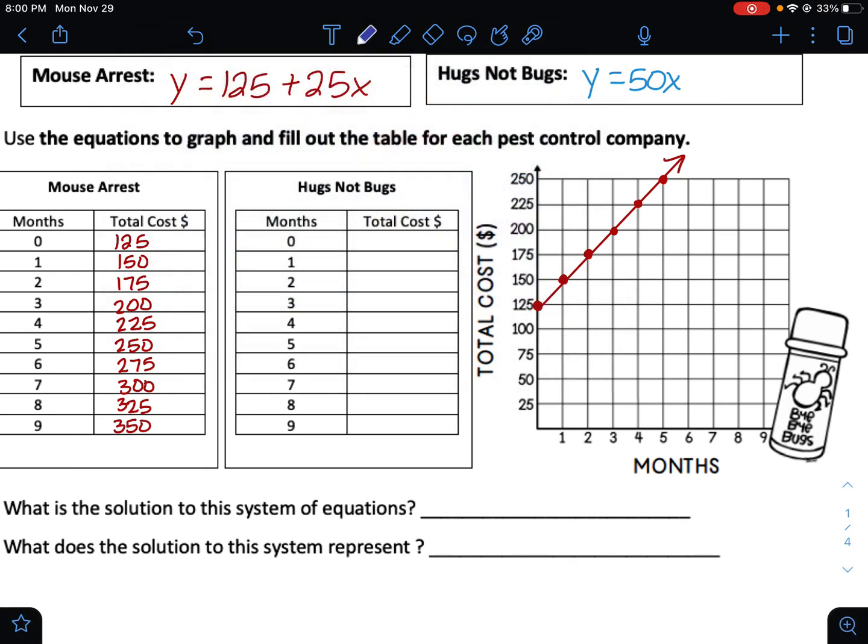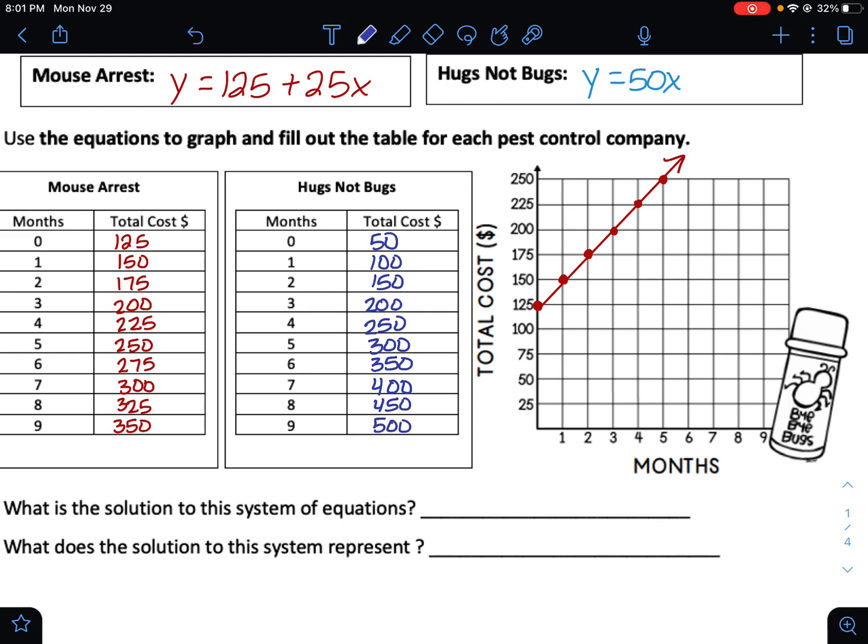Okay, now filling in the table for Hugs Not Bugs. So I have 50, 100, 150, 200, 250, 300, 350, 400, 450, and 500.